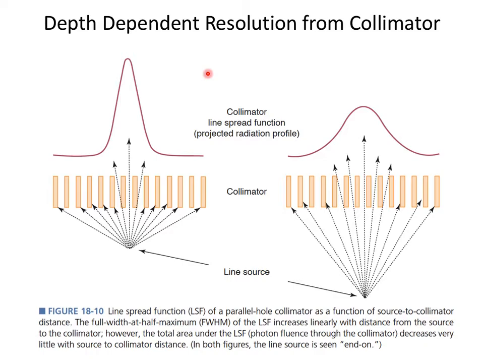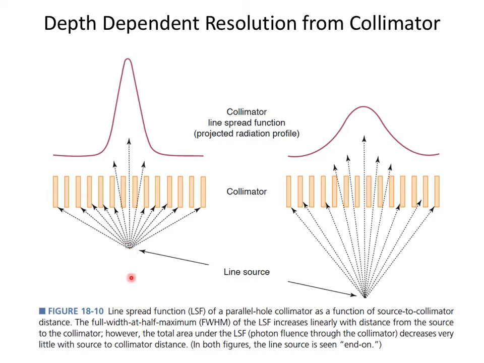In terms of getting rid of photons that are not coming from a straight-down view to make our projection, we get rid of a lot of photons that way. The efficiency of the system goes down quite a bit, but it improves your spatial resolution.